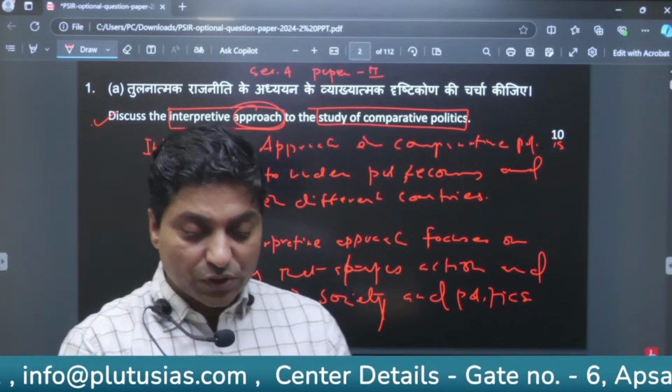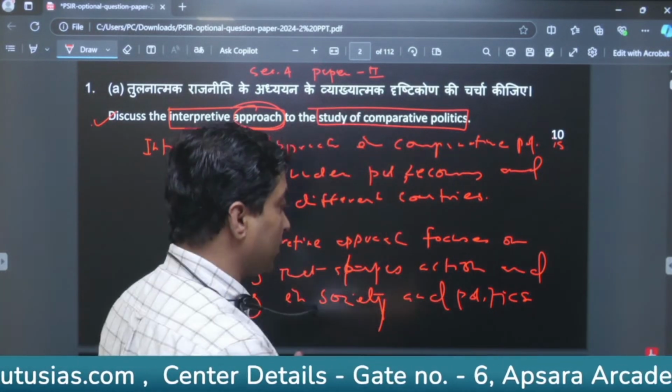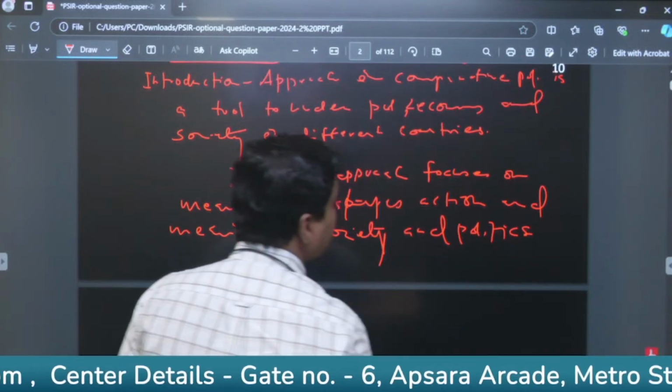Now look at the salient features and major exponents. Who are the major exponents of the interpretive approach?